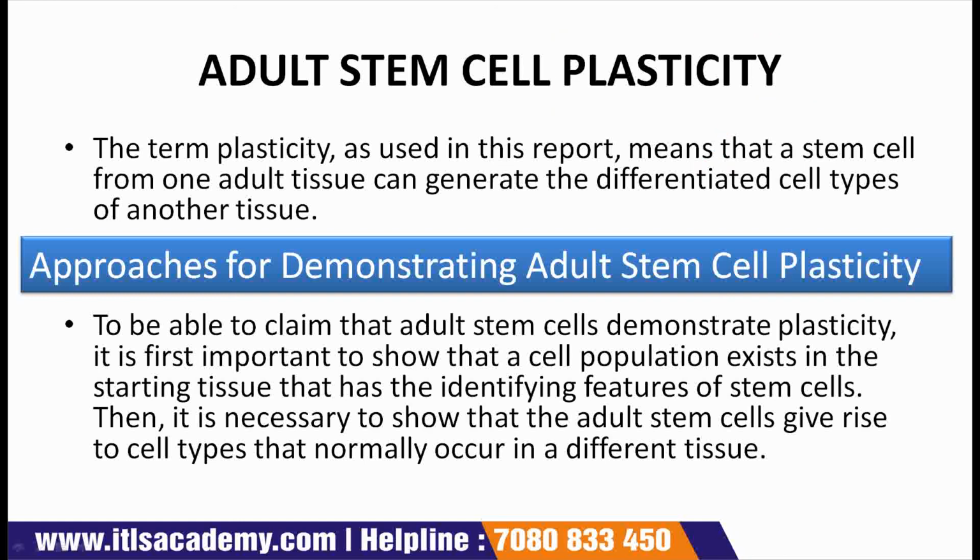So let us see what adult stem cell plasticity is. The very first point is, the term plasticity as used in this report means that the stem cells from one adult tissue can generate the differentiated cell types of another tissue.